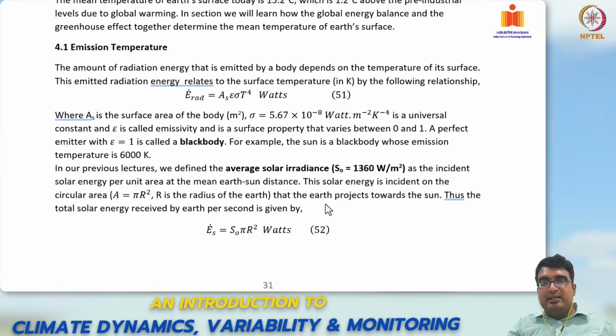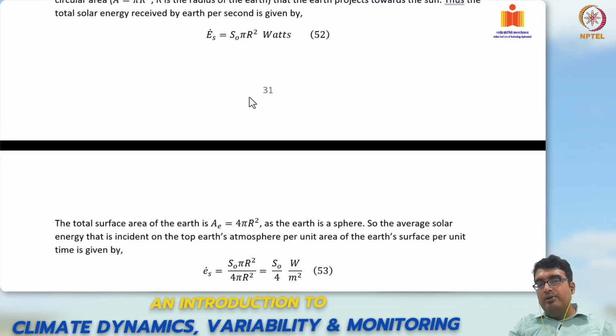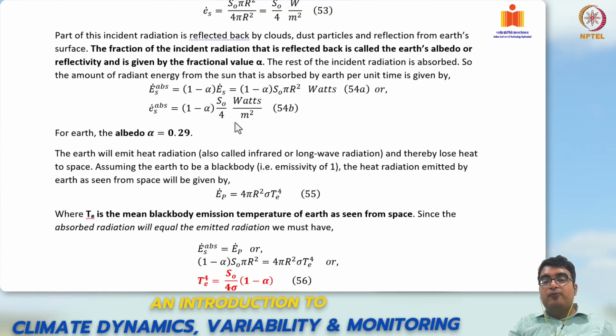If you see this expression here, we can assume Earth to be a black body when it's emitting radiation. So, epsilon is 1. So, it's AS sigma T to the power 4. AS is of course 4 pi r square, and T is the mean black body emission temperature of Earth as seen from space.